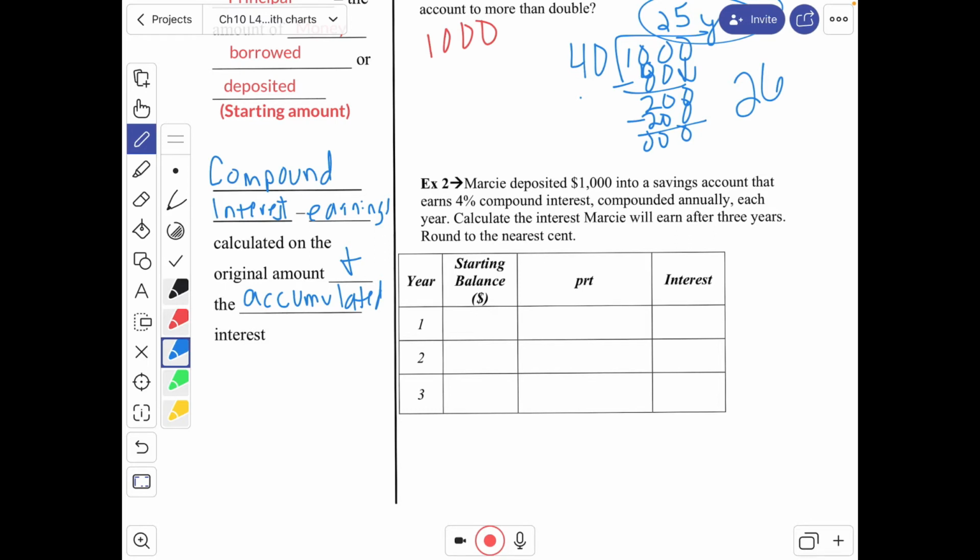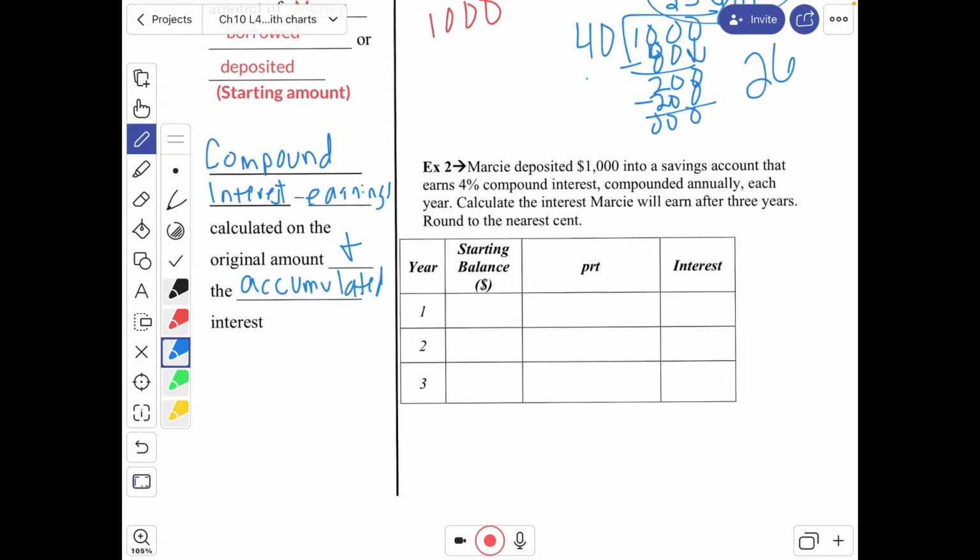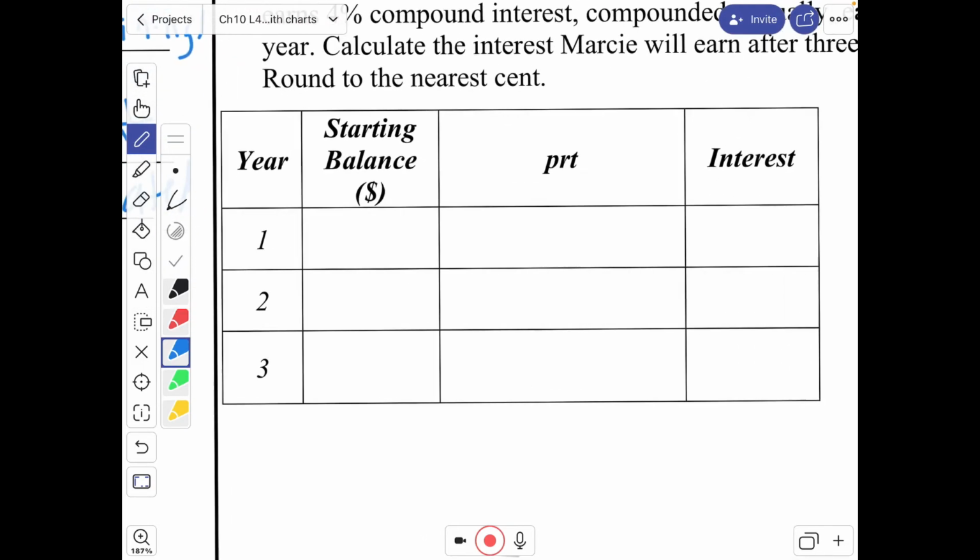Example 2 says Marcy deposited $1,000 into a savings account that earns 4% compound interest, compounding annually each year. Calculate the interest Marcy will earn after 3 years. So her starting balance was $1,000.